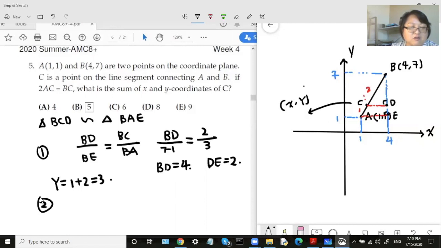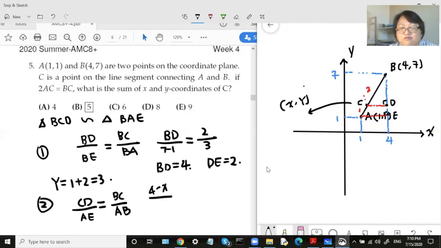The second step, we also use the similar properties of the two triangles. We have CD over AE equals BC to AB. CD equals 4 minus x, and AE equals 4 minus 1.